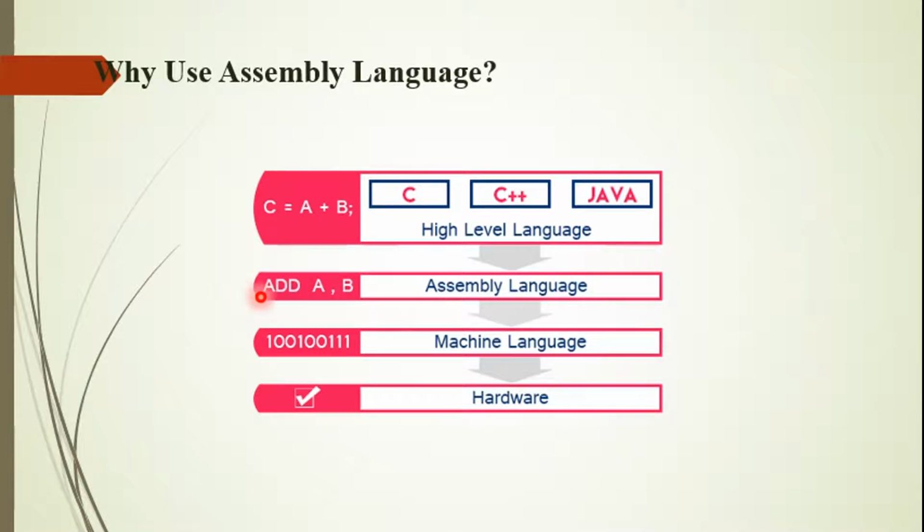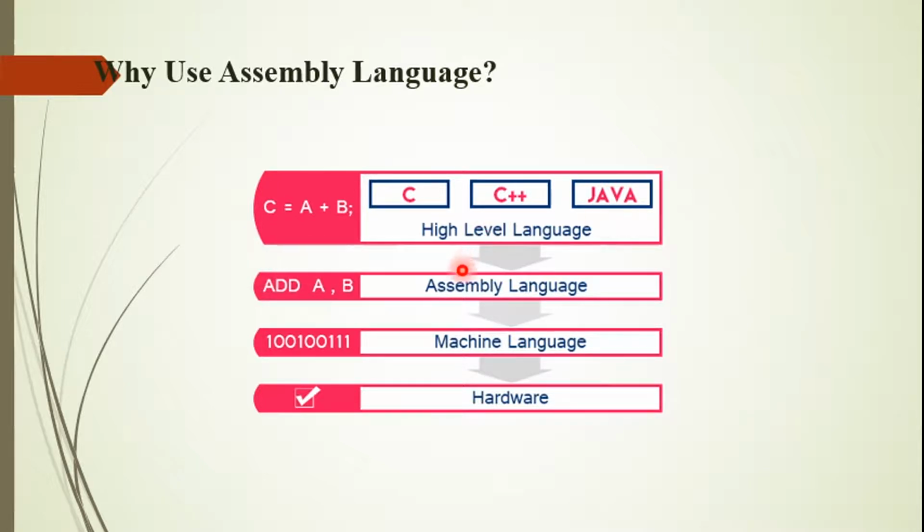In assembly language, ADD A, B means the contents of A and B are added and the result is stored in register A, which is nothing but the accumulator. So here A and B are registers, whereas in high level language A and B are variables.